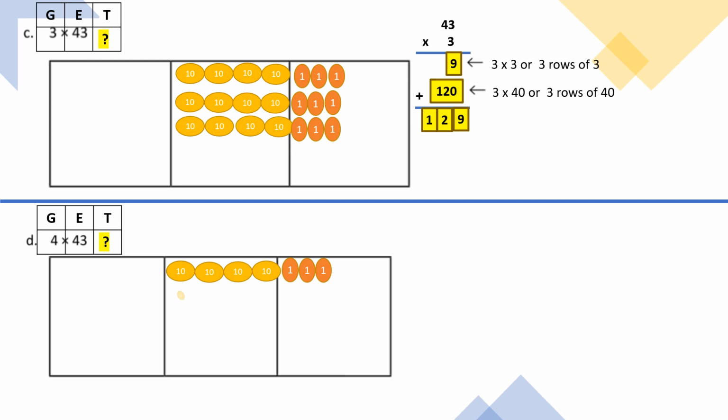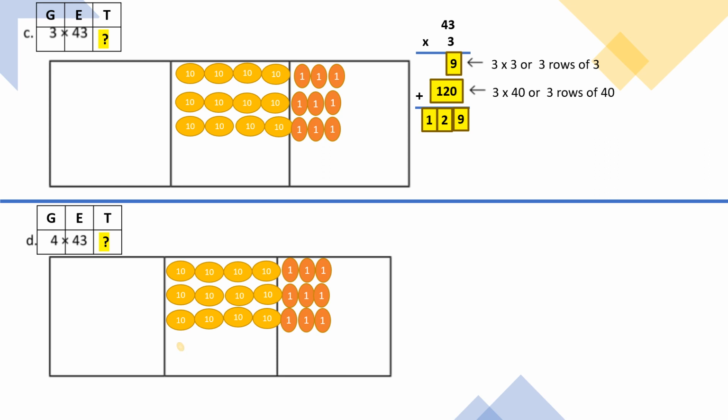Now let's go ahead and create our second row of 43. 10, 20, 30, 40, 41, 42, 43. Now for our third row of 43, 10, 20, 30, 40, 41, 42, 43.